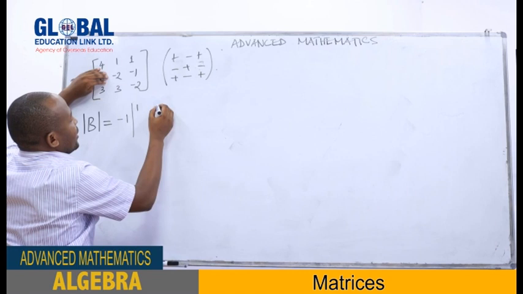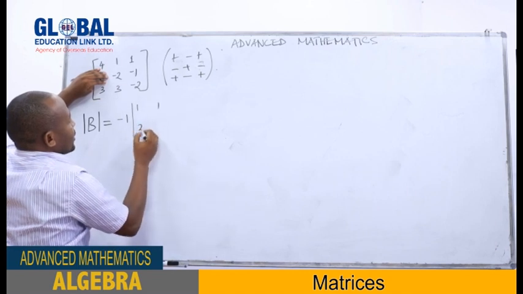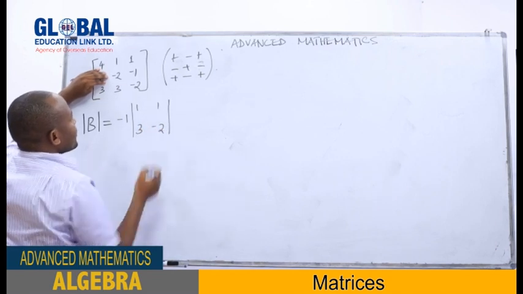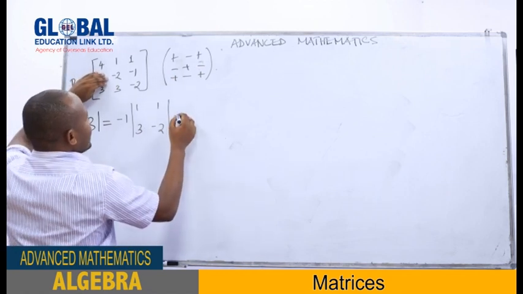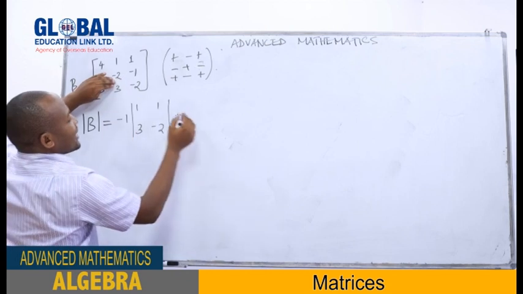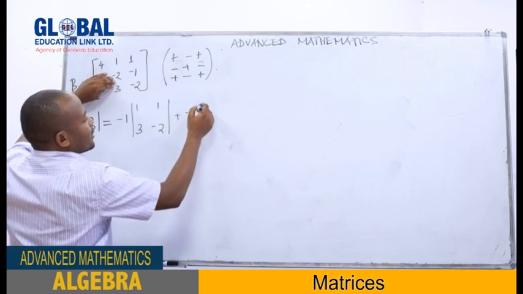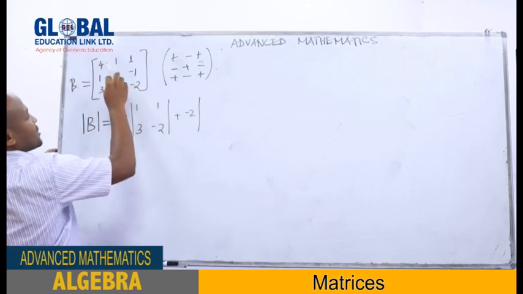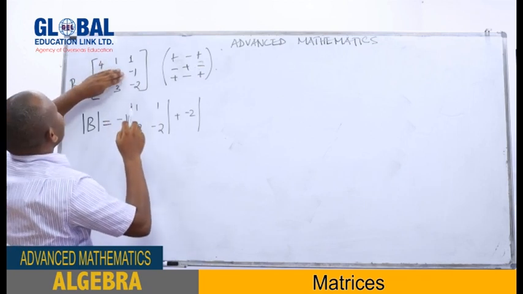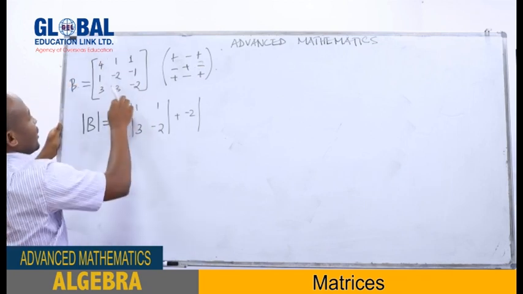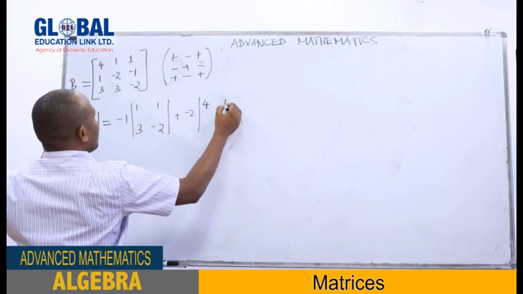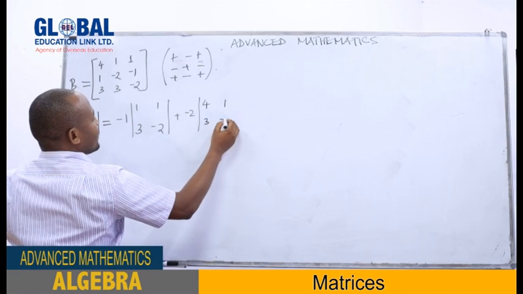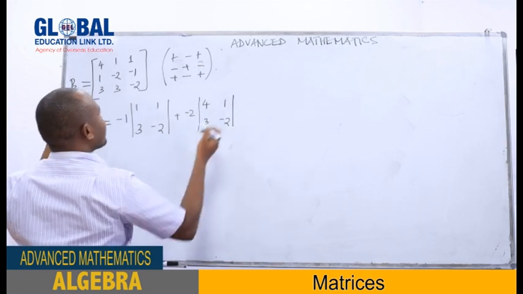We are left with 1, 1, 3, negative 2. And then times what? There is plus, but here we have a negative 2. Remember that? And we are left with a 2 by 2 matrix. Covering that 2 there, this and that go. We are left with 4, 1, 3, negative 2.